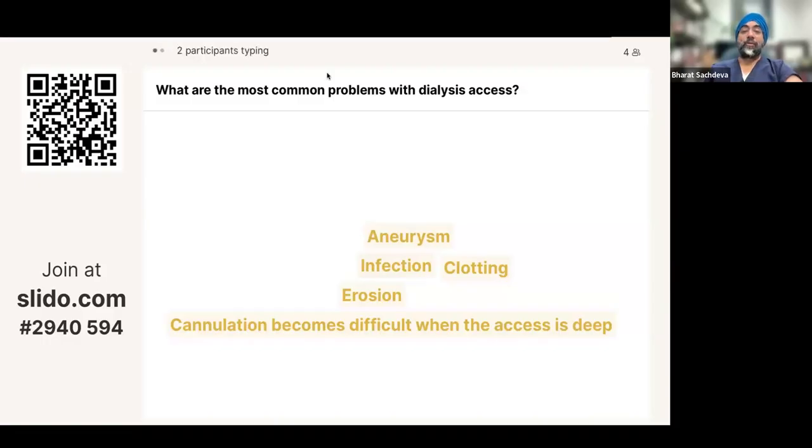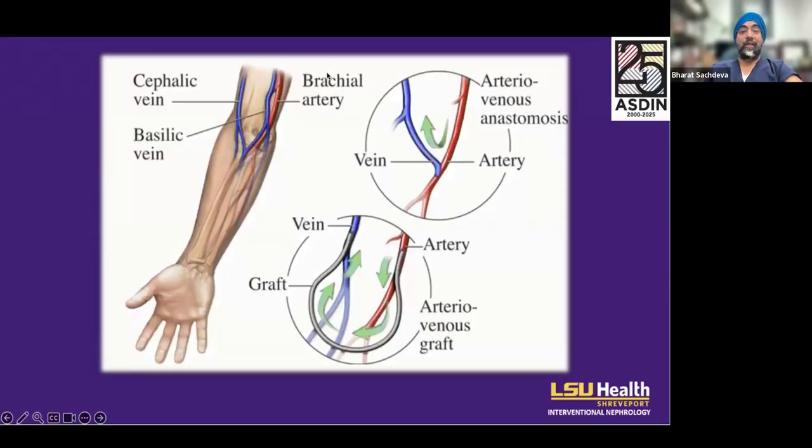So we all know that we have different options for how we can dialyze our patients. We have a couple of superficial veins, the cephalic and the basilic. The basilic needs to be transposed in the upper arm. In the forearm, you can use a cephalic.